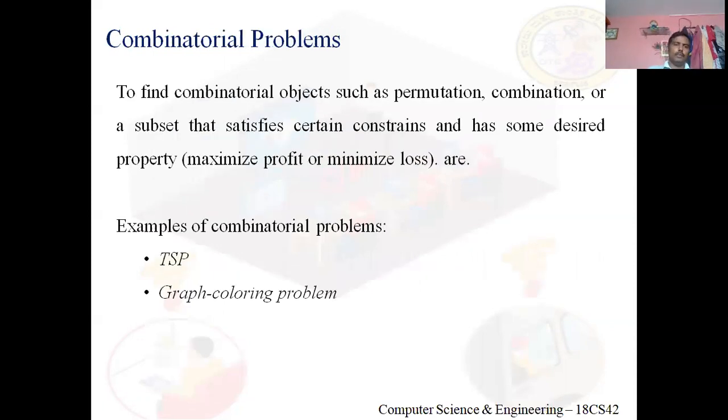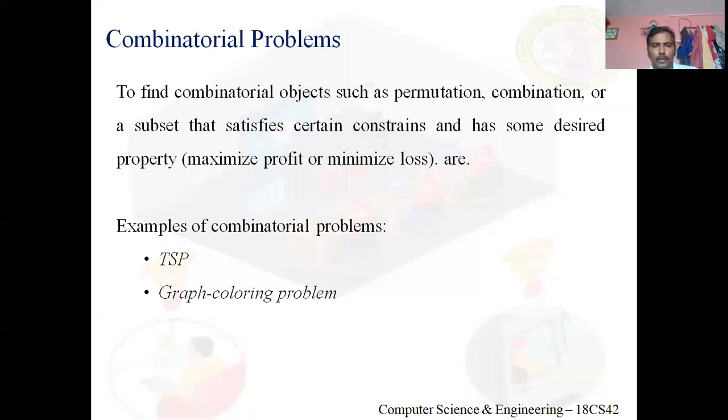Now, the combinatorial problem. Combinatorial problems deal with permutations, combinations, and selections. The best examples here are the traveling salesperson problem and the graph coloring problem. I'll help you understand the combinatorial problem through TSP.